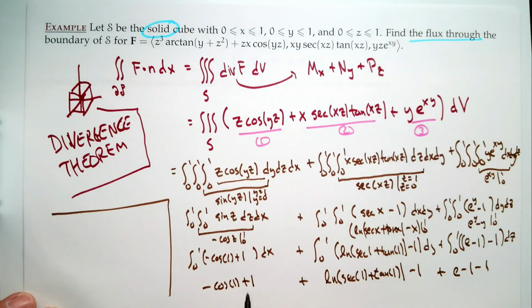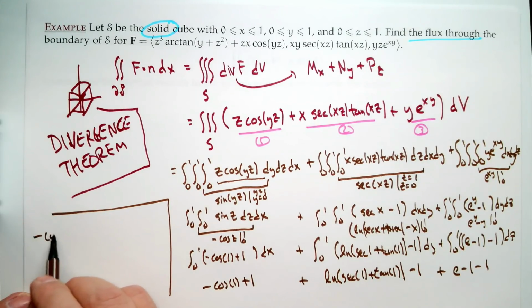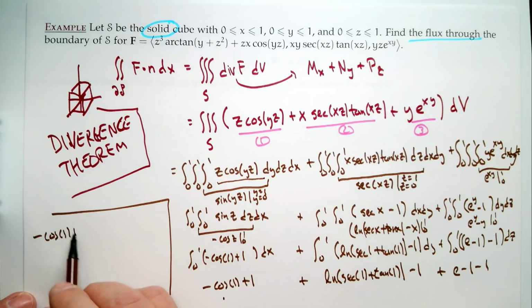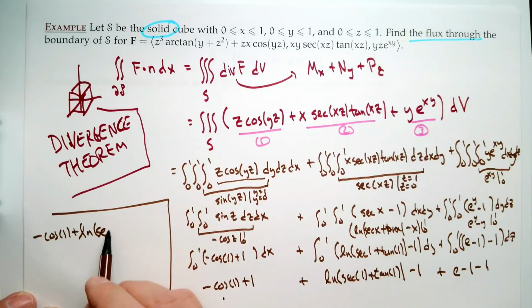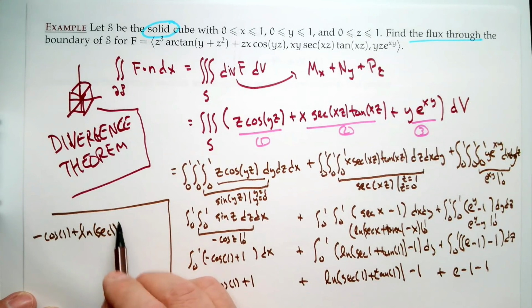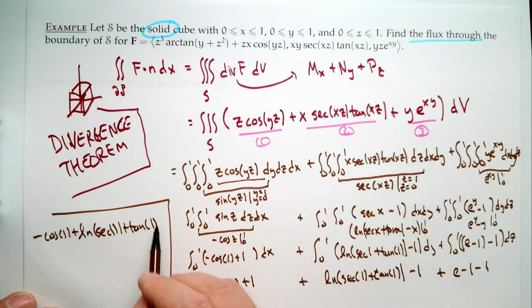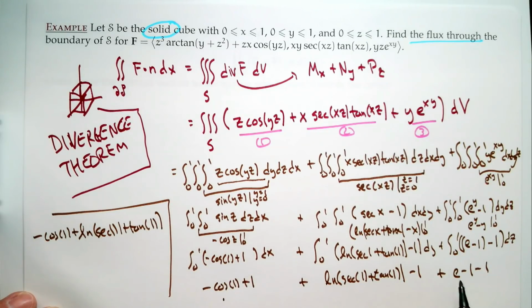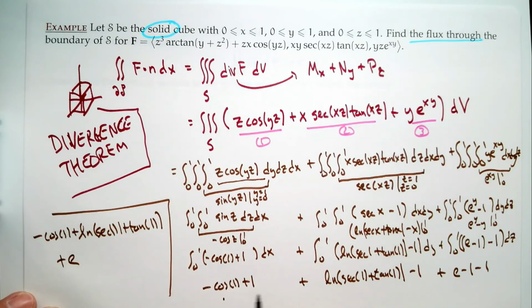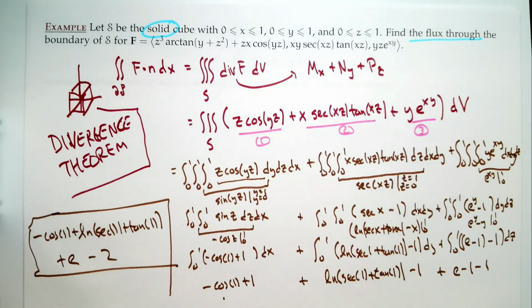So we have a minus cosine of 1 from this part, a log secant of 1 plus tangent of 1 from the second part, an e, and then we have plus 1, minus 2 more, minus 2. And there we go. Done.